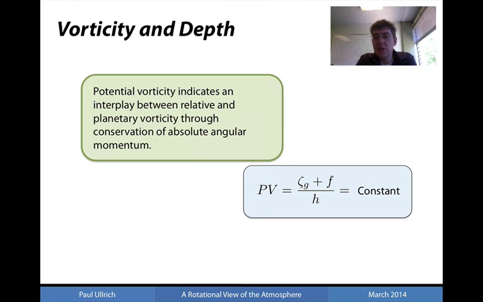So potential vorticity then indicates that there's this interplay between relative and planetary vorticity through conservation of absolute angular momentum. And it will be a very important quantity for understanding how fluid columns move in the presence of underlying topography.